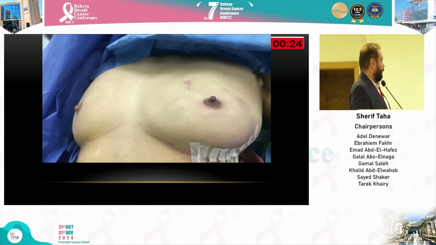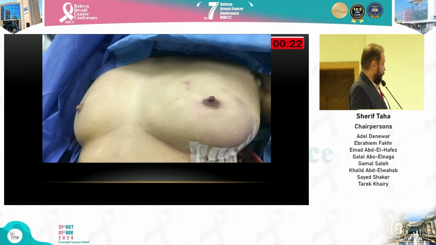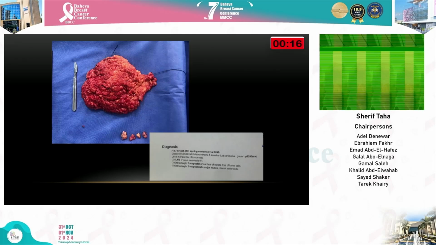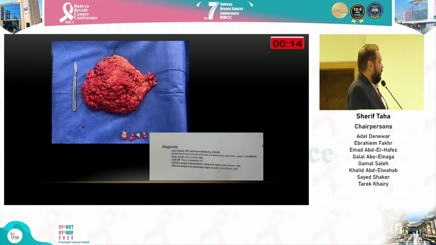Intraoperative view. And the final biopsy pathology as a multicentric invasive lobular. Deep margin is negative, sentinel negative, extra margin over the upper inner part was free, and extra margin from the nipple was free.